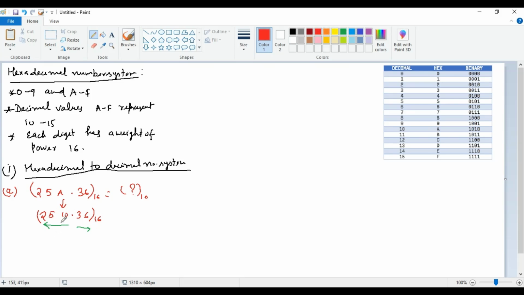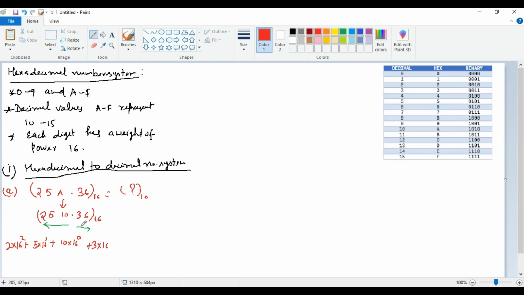For the integer part, 10 is the unit digit, 5 the tens digit, 2 the hundreds digit. So we write 10 into 16 to the power 0 plus 5 into 16 to the power 1 plus 2 into 16 to the power 2.